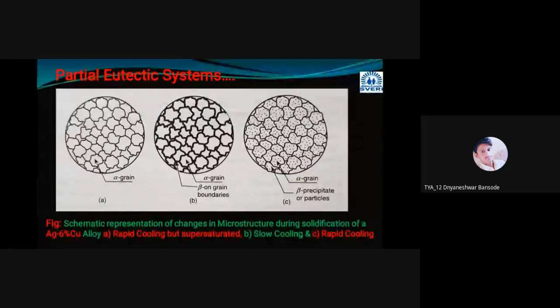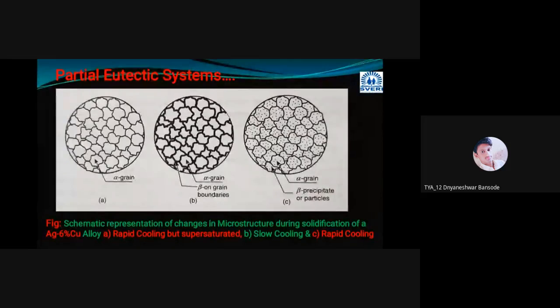These beta grains come out whenever you are doing the cooling. The alloy goes into the supersaturated state, meaning that in the silver, copper gets dissolved in a quantity more than its limit.